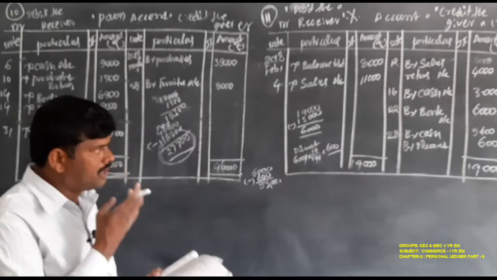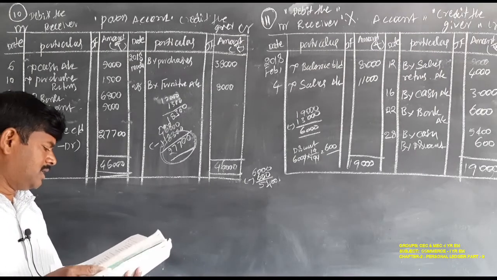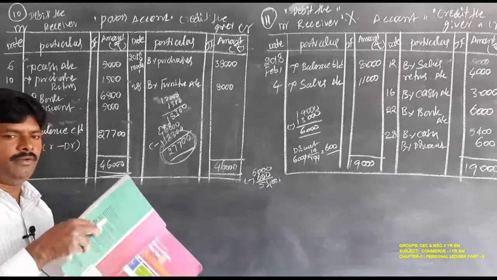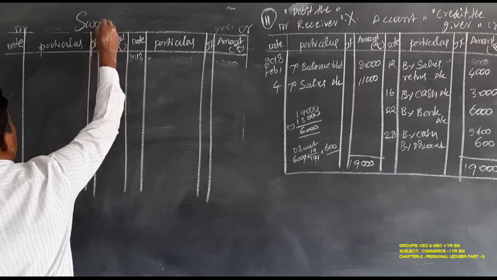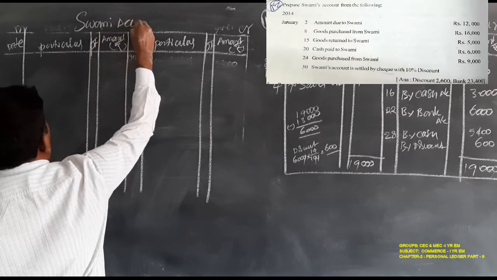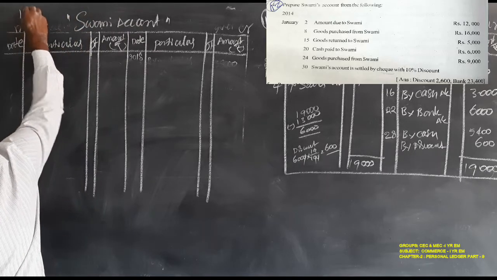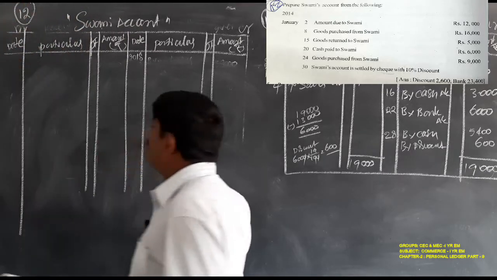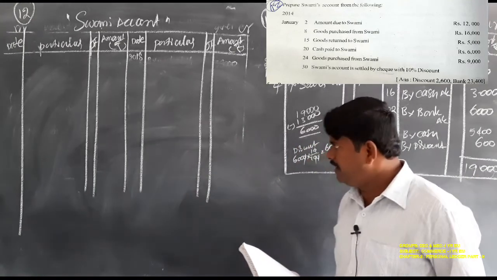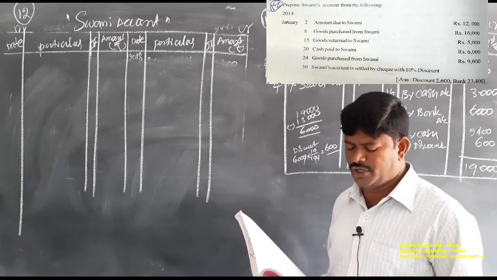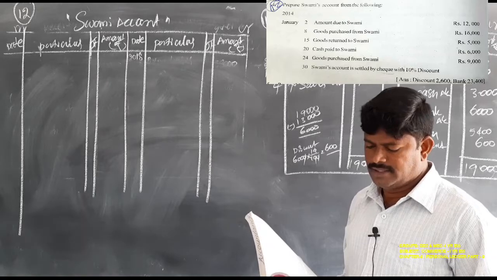Next, another problem is there. Problem number 12, Swami account. Okay, listen first of all. Amount due to Swami 12,000 rupees, 2018 January 2nd.